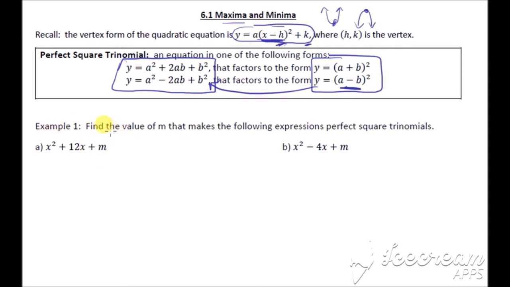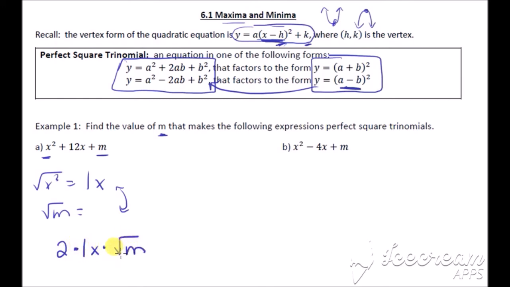Example 1, find the value of m that makes the following expressions perfect square trinomials. As a recall, if we root the first term, the root of x squared is 1x, and we root the last term, so we have to figure that out. If we multiply 2 times 1x times the root of m, this is going to equal 12x, that middle term right there.